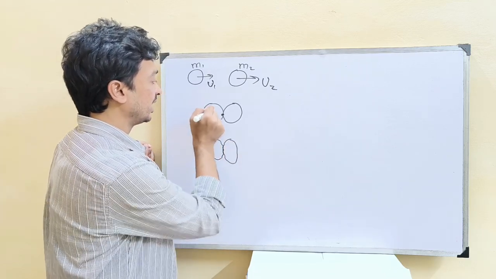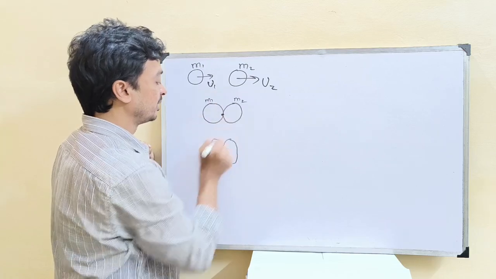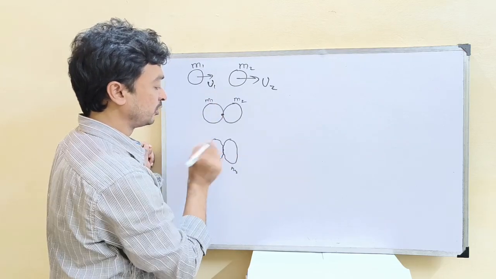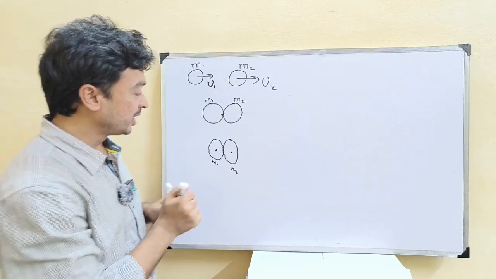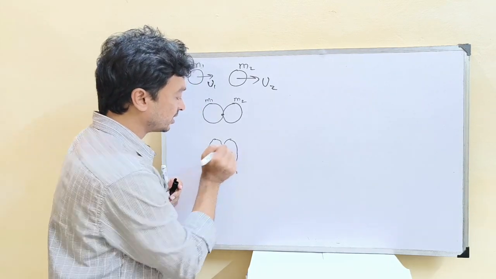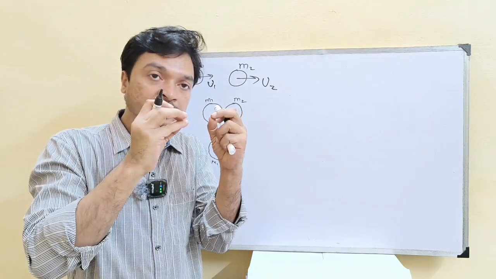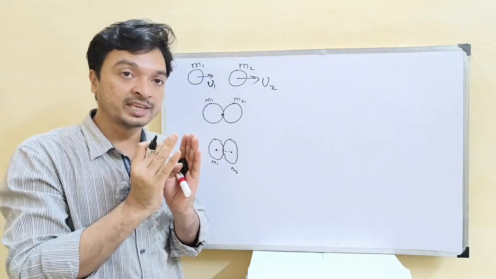This is m1 and m2, again m1 m2, so deformations are taking place. At the time of deformation the distance between the centers of mass is decreasing. Okay, now deformation is taking place.